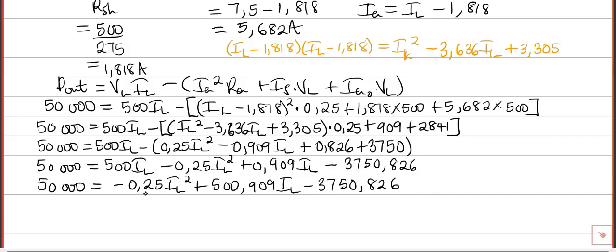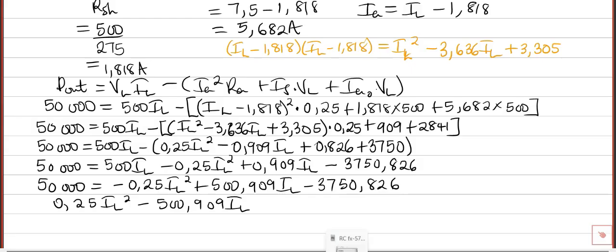I want to transpose everything from this side to the other side. So I'll have 0,25 IL squared. I'm taking all of these values to the left hand side. So since it was negative, it will be positive, this value. This one is positive, it's going to be negative 500,909 IL.